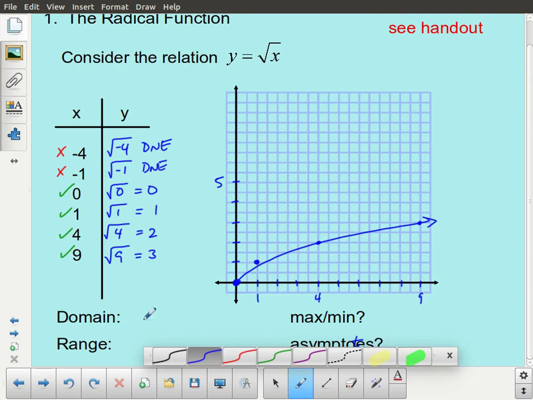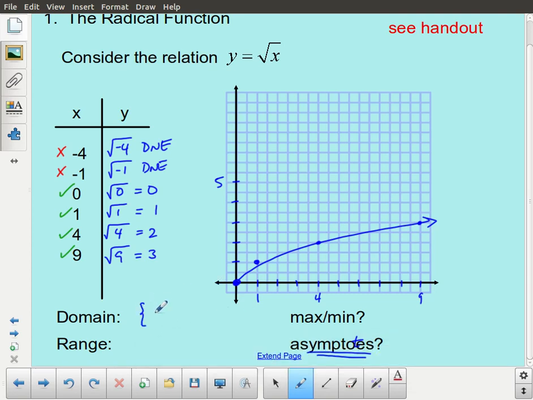There's two ways to write a domain and range. We can write it in terms of where we're allowed to be or where we're not allowed to be. In this case, I'm going to write it in terms of where we are allowed to be. So I'm going to say that x is a real number such that, and now where are we allowed to be? We are allowed to be at x values that are greater than or equal to 0.